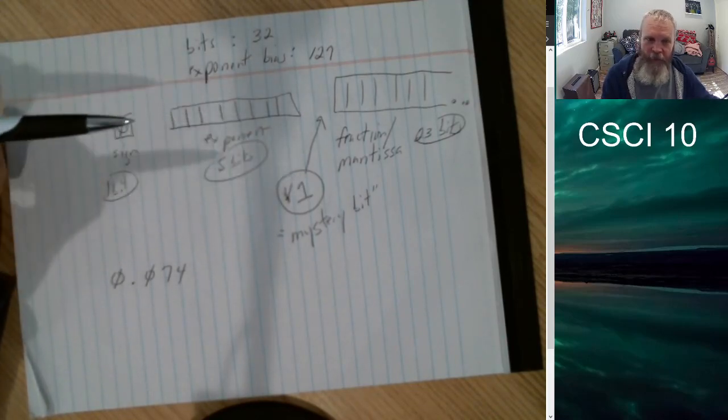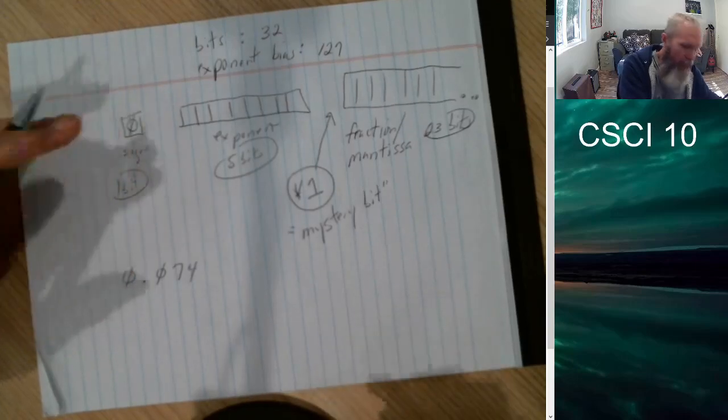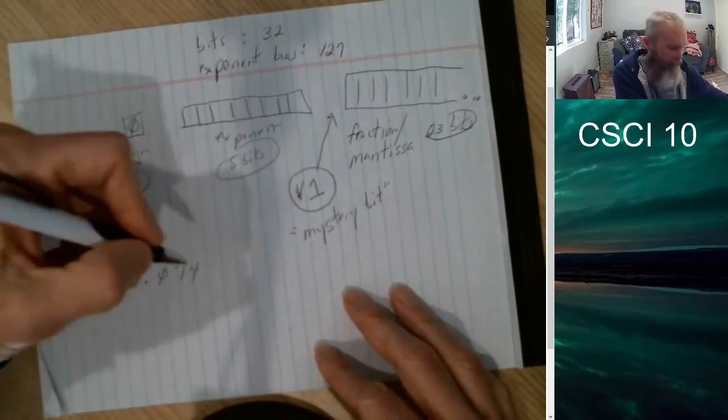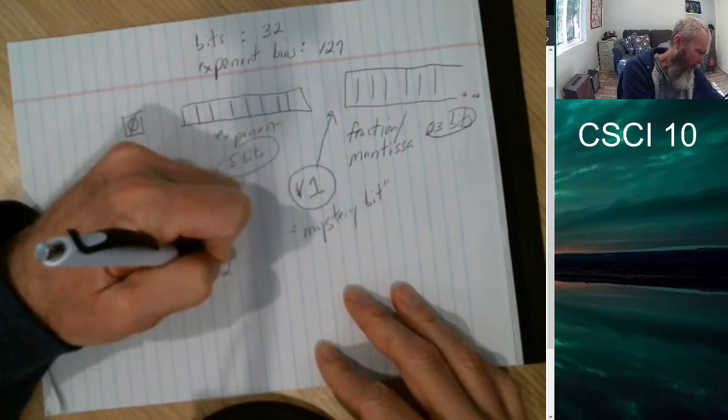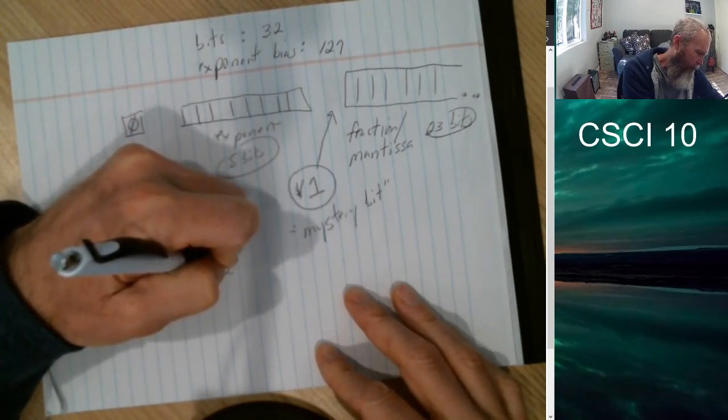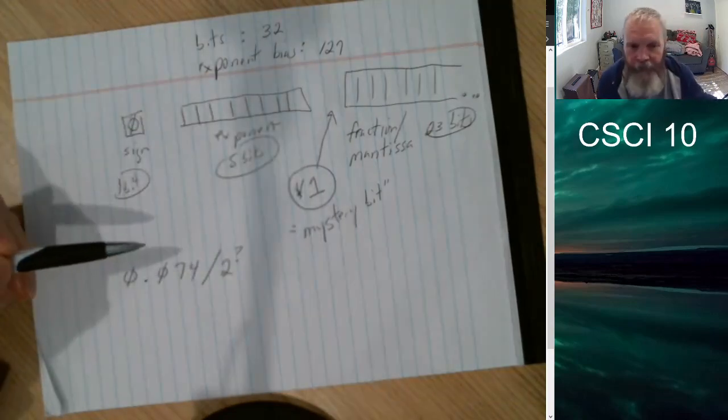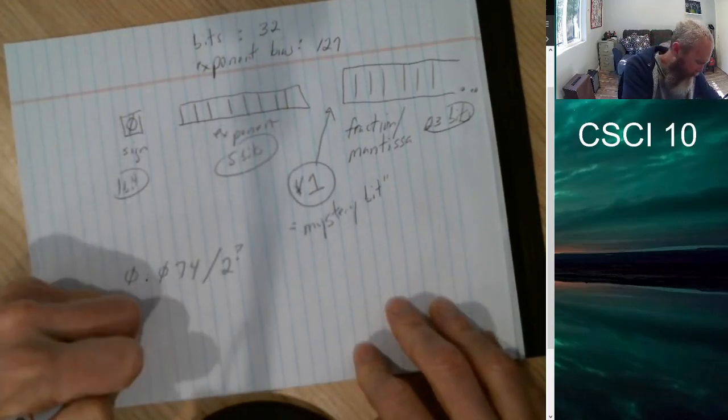So here's the way this works. We have to take this 0.074, divide it by 2 to some power, to get 1 point something.